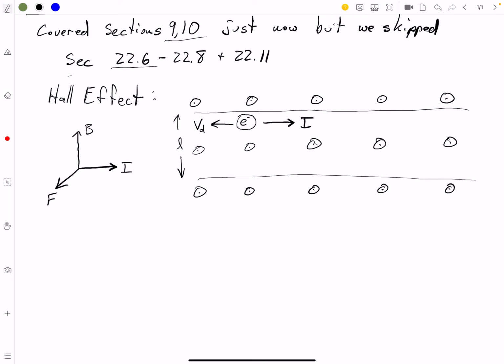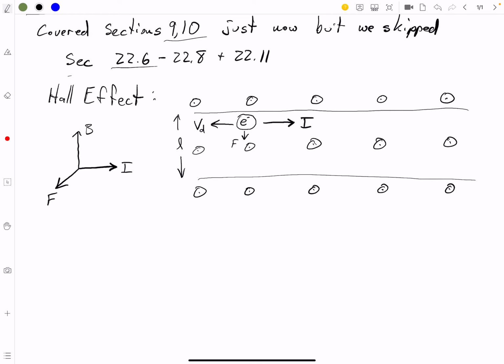We've got our current going in that direction. Our B field is shooting up out of the page. And then the force, of course, would be in this direction. That's how we've drawn it.